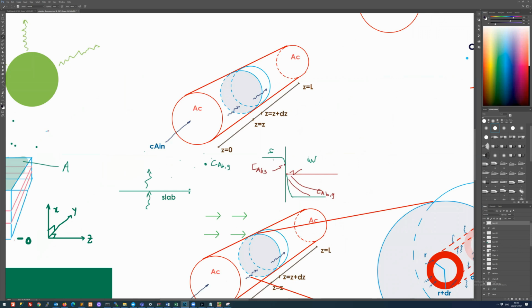In this case, the positions are reversed. The concentration is high in the air and low in the particle. So it would look more like this. You'll get your discontinuous jump for the phase change, and then you get that.